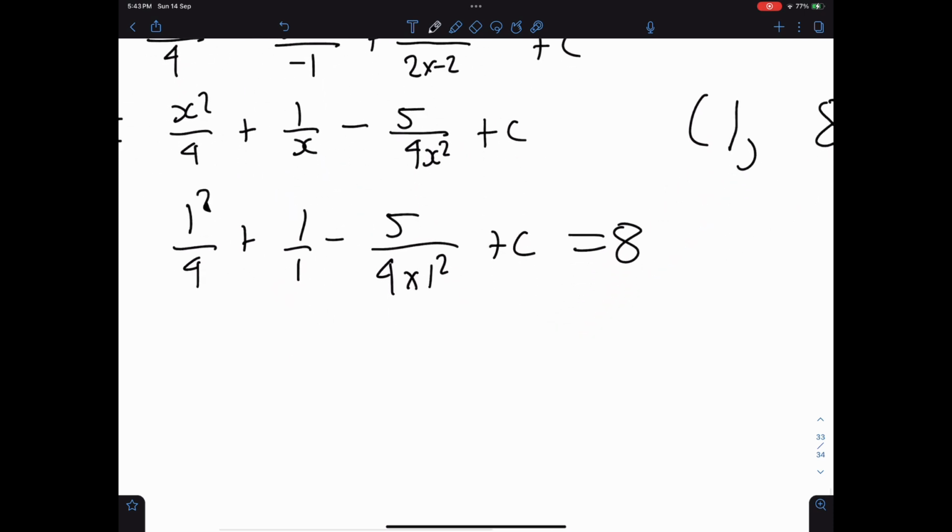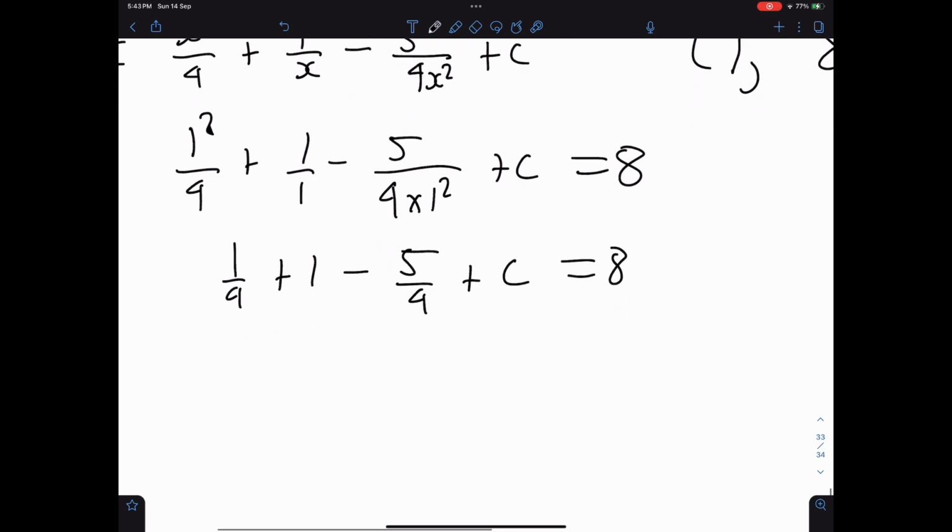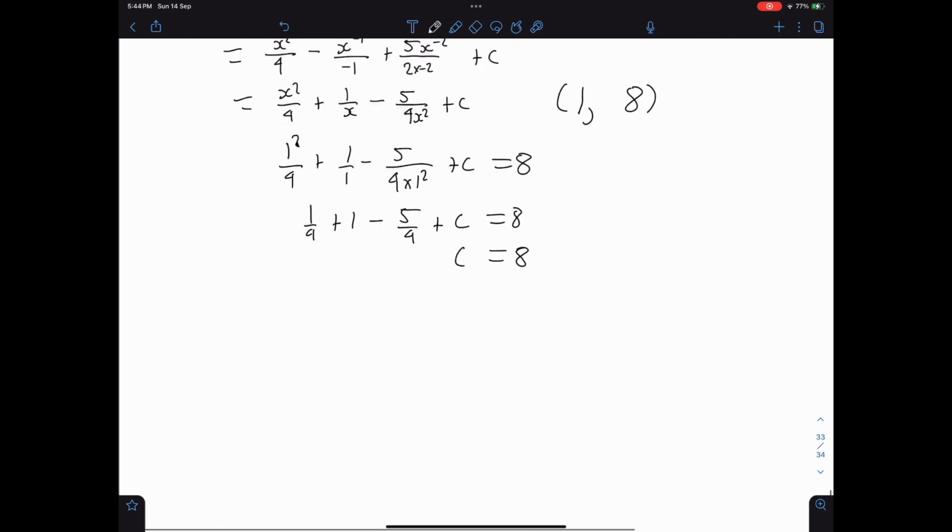So then that'll be a quarter plus 1 minus 5 quarters plus c equals 8, and c equals 8, I think. Yeah. So from there, you could give the actual equation of the graph.